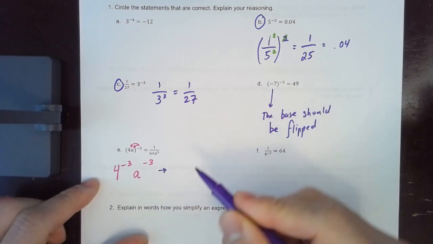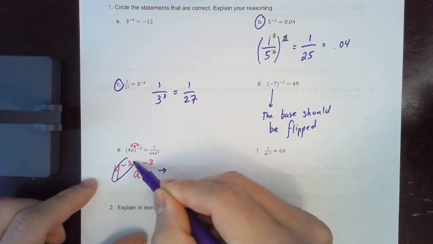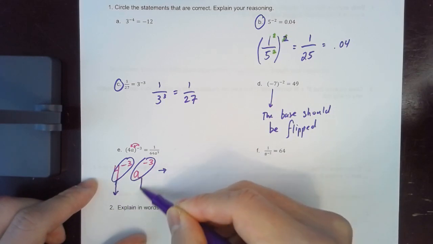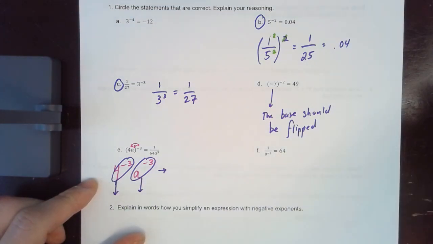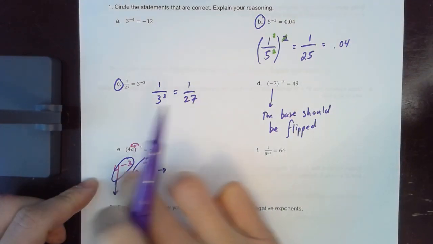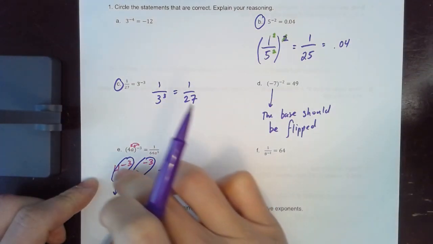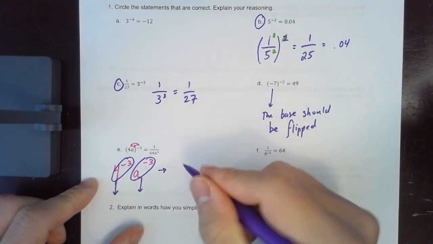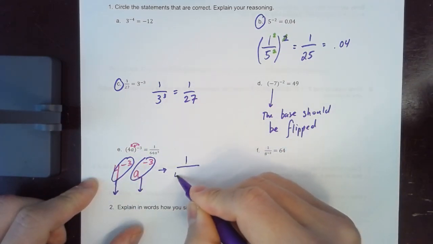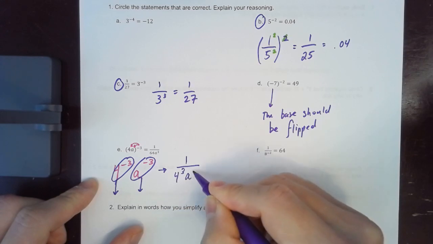So what I like to do is circle any term that has a negative exponent and push it to the other side, from the numerator to the denominator. Since both of these terms have negative exponents, I push both of them to the other side, and then I get 1 over 4 cubed a cubed.